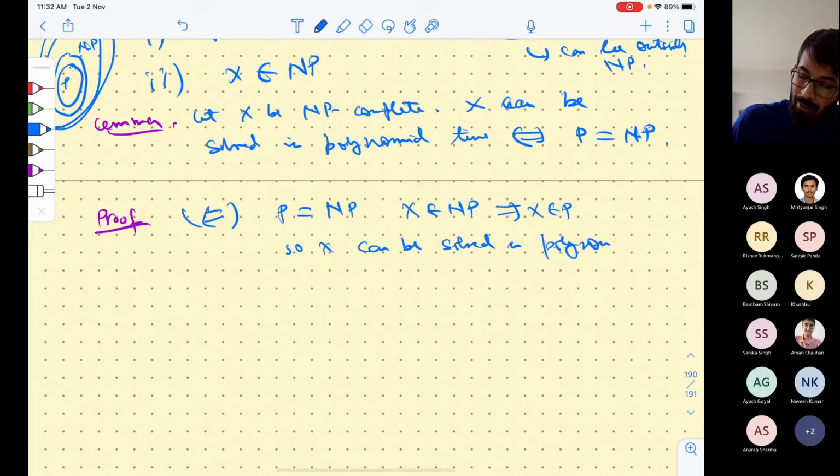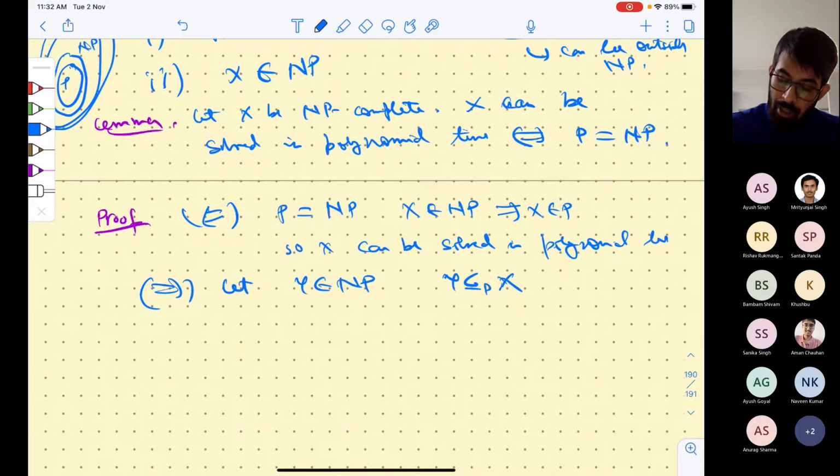Any problem in NP will reduce to X, and since X is polynomial time solvable, all problems in NP will also be polynomial. So P equals NP. Exactly.